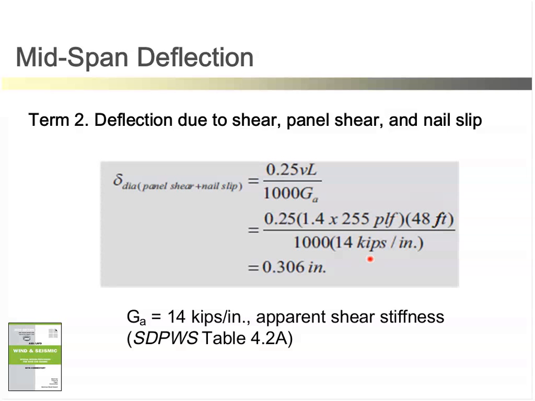That G sub A value that we pulled from the table, 14 kips per inch. And you see that this part of the equation is going to end up being the most significant of the three parts, 0.306 inches versus 0.07, I think, for the other two components. So that's the middle term of the equation.